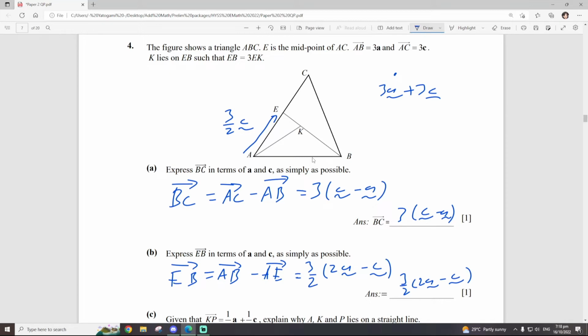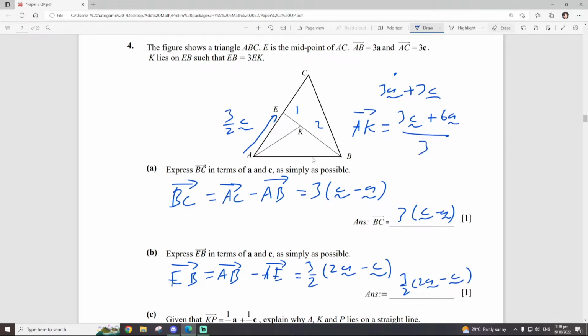Okay, so the ratio theorem says AK is dividing the point in the ratio EP. This is 1 to 2, right? So this is 2 times AE, so 3C, and then AB is 3A, so 6A, all over 3, right?